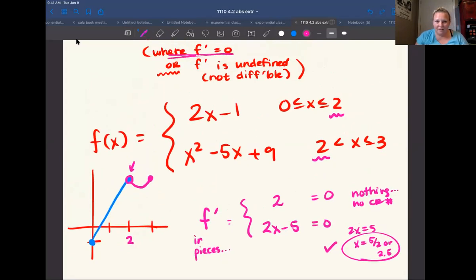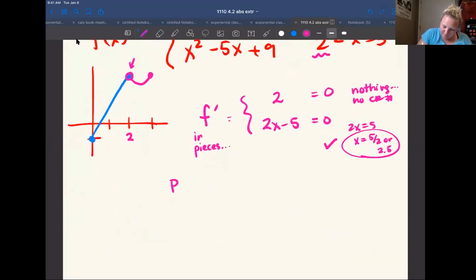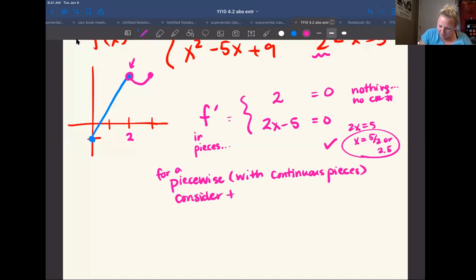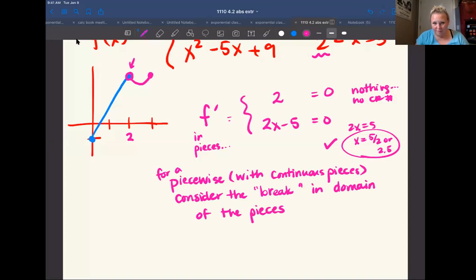The other thing that you have to consider with a piecewise function is whether there is anywhere the derivative is not defined. So for this piecewise function, especially if it has continuous pieces, which this one does, you need to consider the break, that's what I'm going to call it, the break in the domain of the pieces, because if you have a break in the graph and it's not differentiable, then that's going to be important for a critical number and you might miss it on your homework.